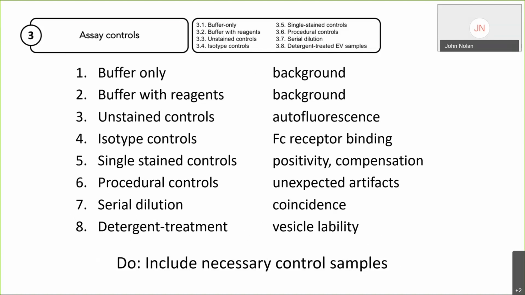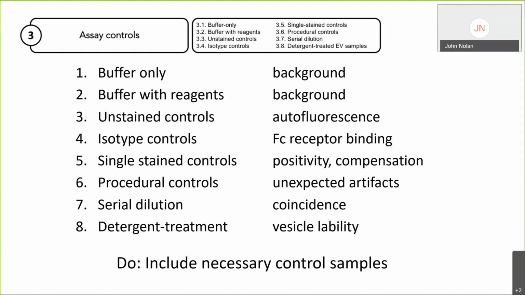The first two, buffer only and buffer with reagents controls, are necessary to evaluate what sort of background might be in your sample just from those elements of the assay. It's the issue of specificity. How do you know that the events you detected are really vesicles?